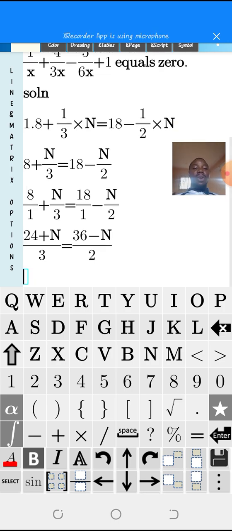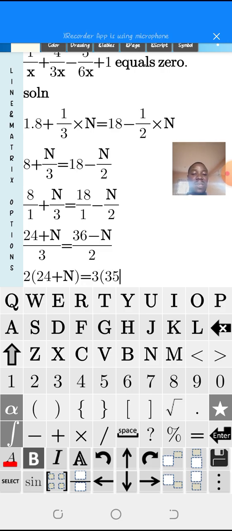Then at this juncture, you cross multiply. I told you when you are cross multiplying, you can cross multiply either way. So I'm going to use 2 to multiply 24 plus n, to be equal to 3 multiplied by 36 minus n.